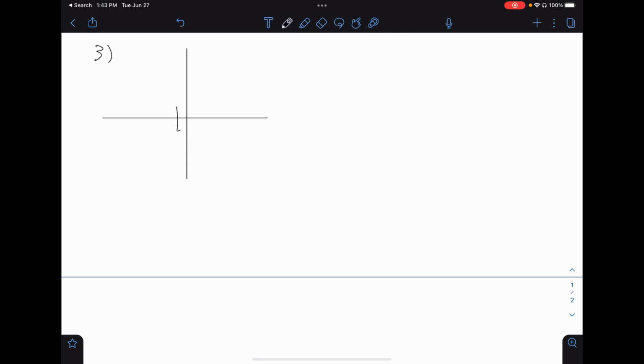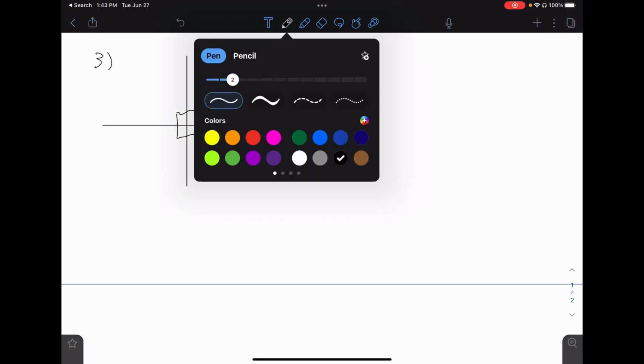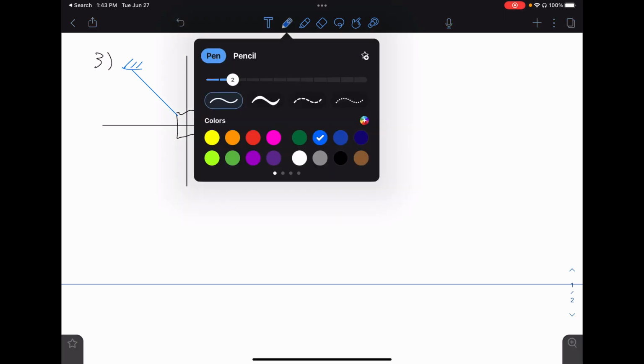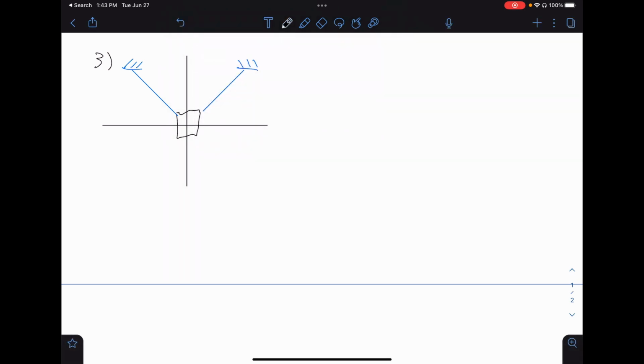It's going to be a mass, say a box, and it's going to be hanging from the ceiling. And it's going to be hanging by some cables or rope.